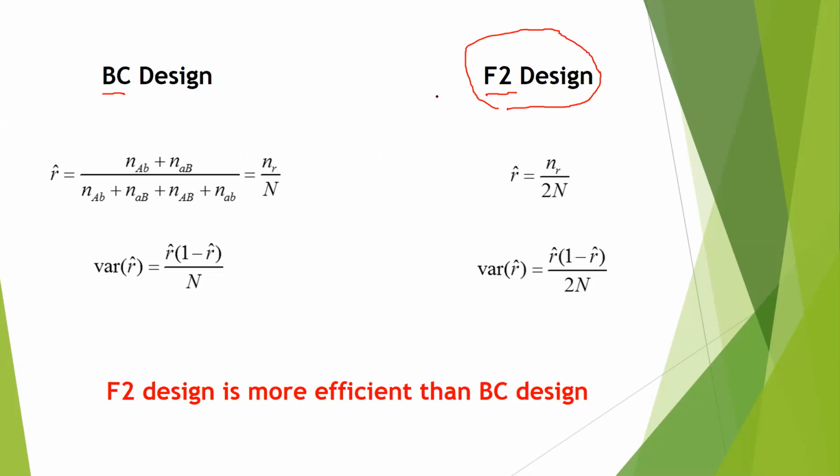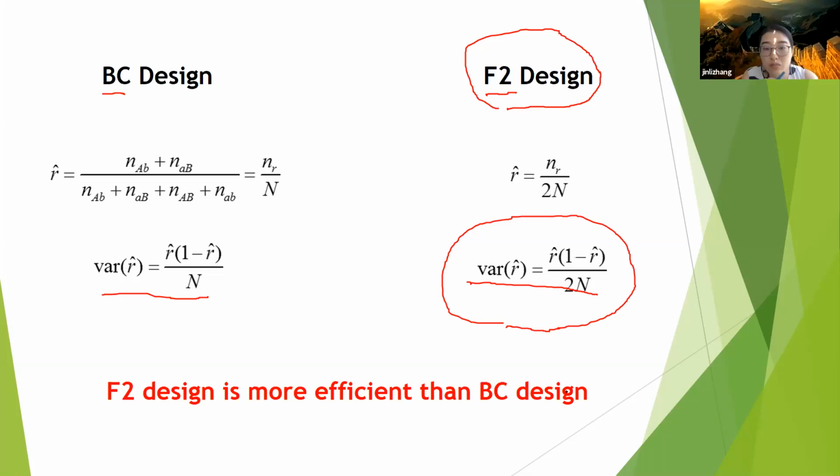The conclusion, based on the variance, is that the F2 design is more efficient than the backcross design, because with the same number of progeny, the same sample size, we can get a smaller estimation error for the R hat.